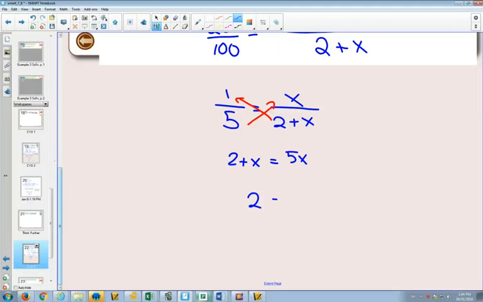Subtract x on both sides. Divide by 4. And you're going to have to add 0.5 liters of lemon juice to get 20%.